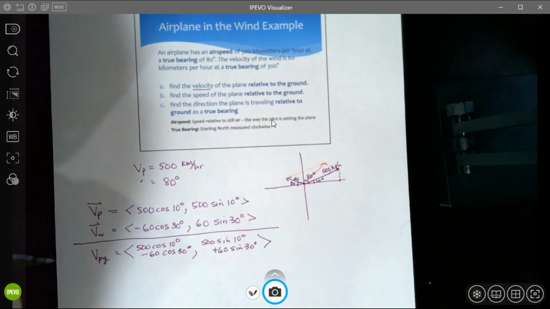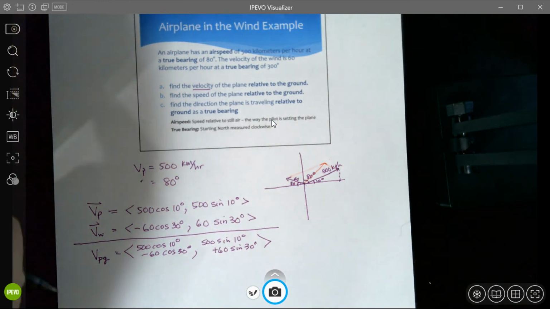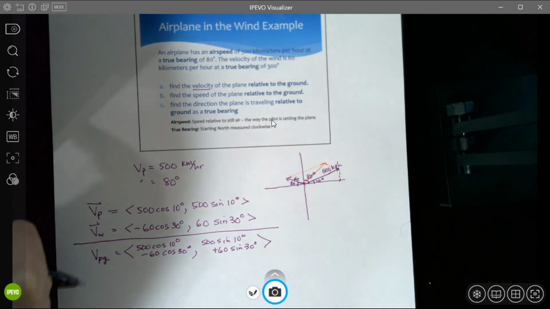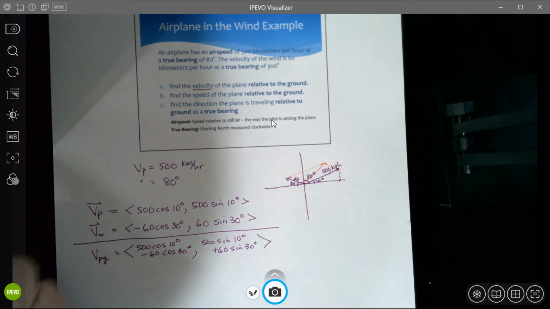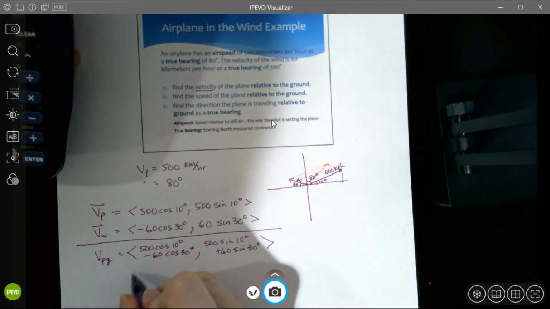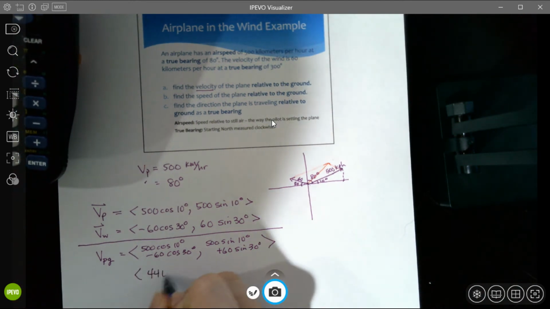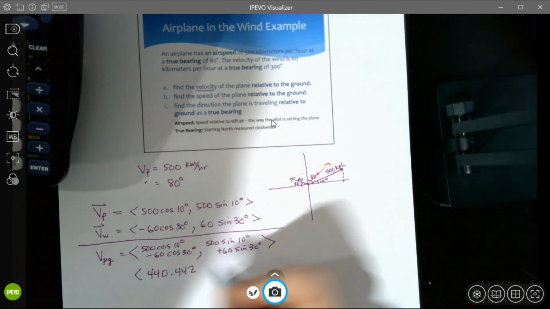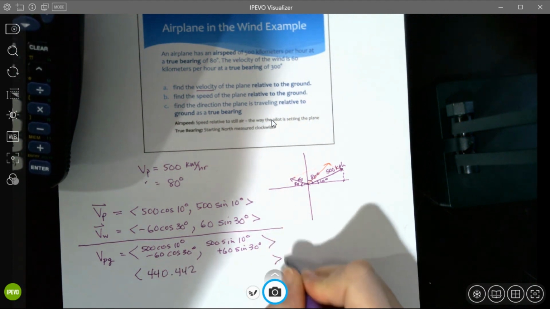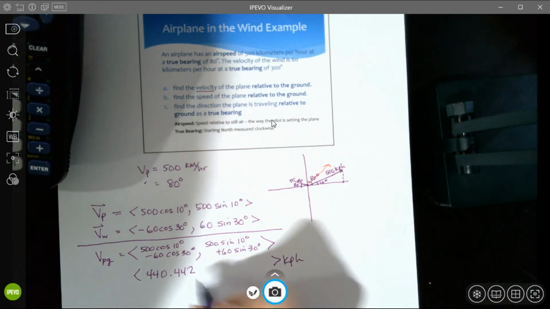So 500 cosine 10 minus 60 cosine 30. Okay, that's going to give us 440.442 kilometers per hour. Sometimes I just put the kph on the outside. You definitely want that.